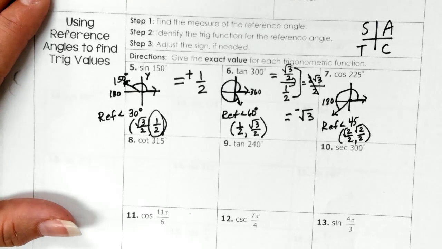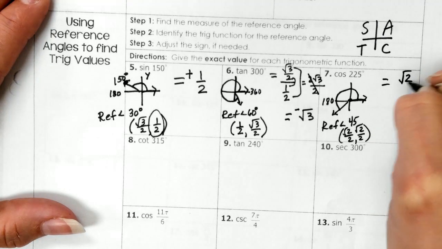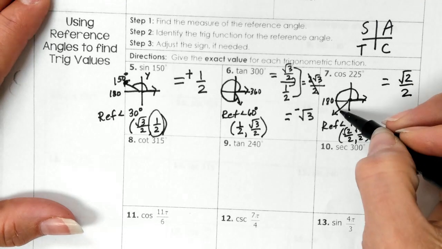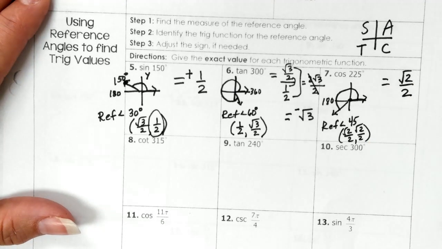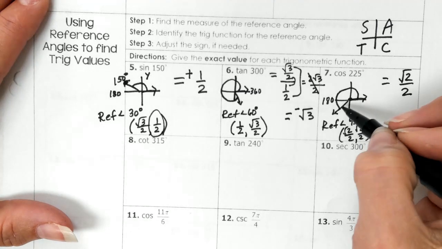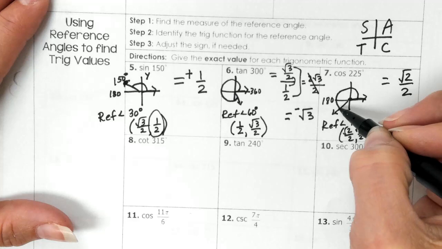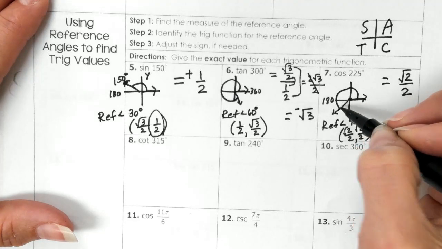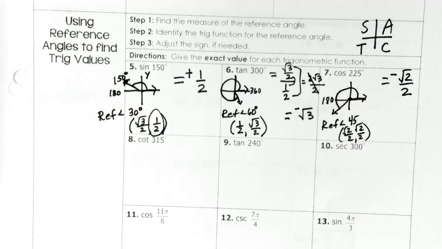What's the x number? Radical 2 over 2. Now, in that quadrant 3, is the x a positive or a negative? Think about this location. Negative, because it's left and down. So x is negative, so we've got our answer. It's a negative radical 2 over 2.